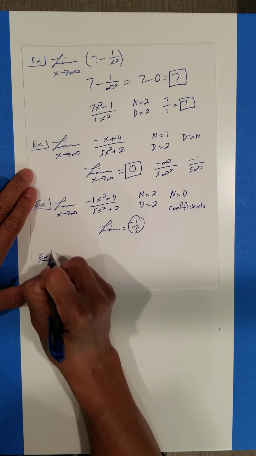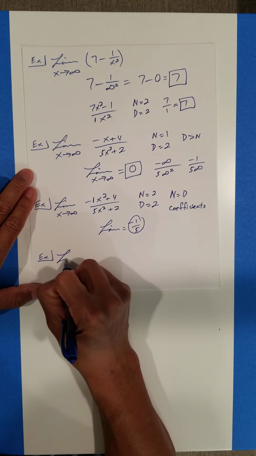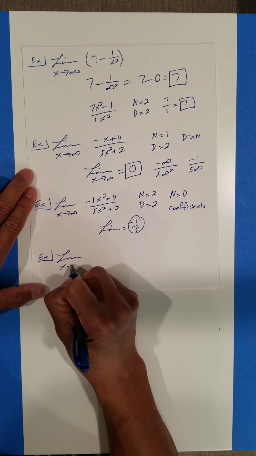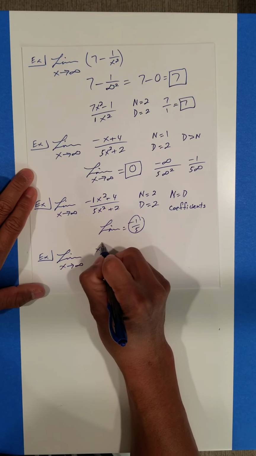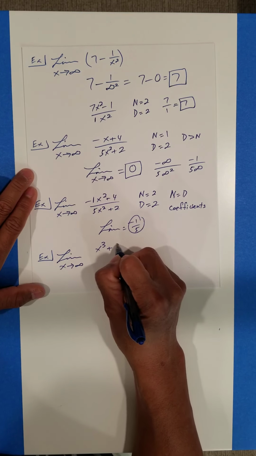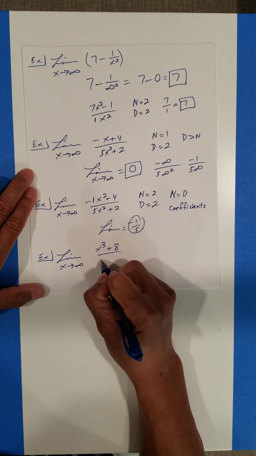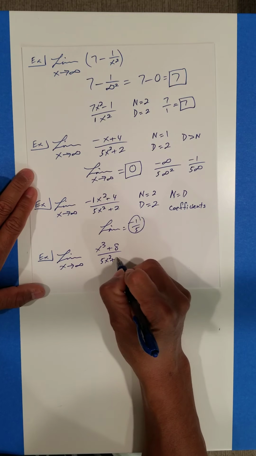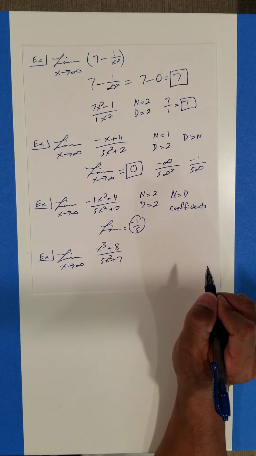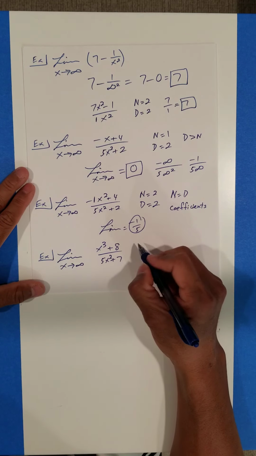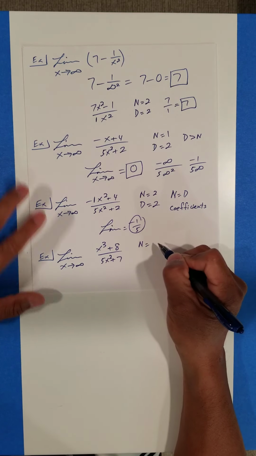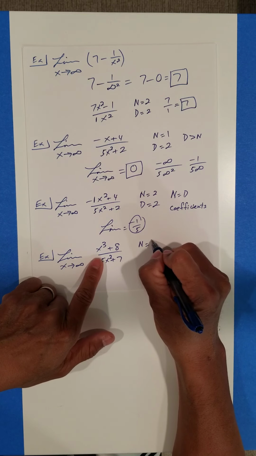So last example here. Let's say limit as x goes to infinity of x cubed plus 8 over 5x squared plus 7. Okay, so numerator, what's the degree up there? Degree is 3.